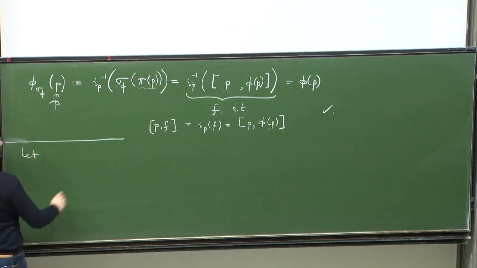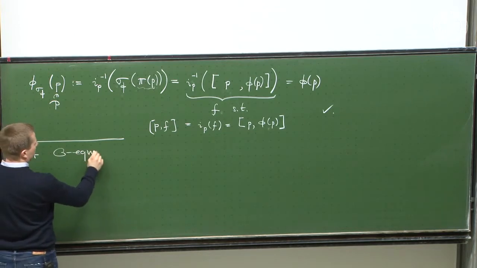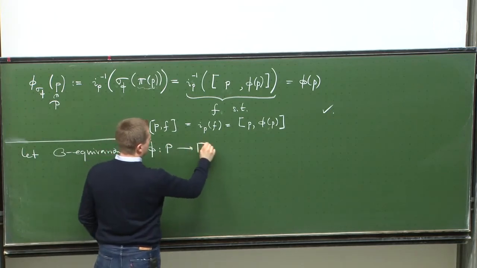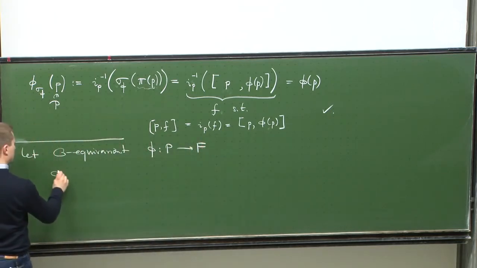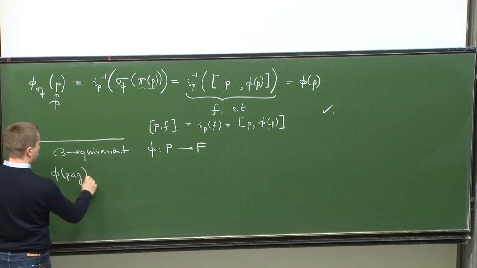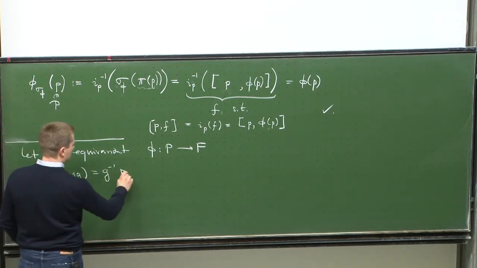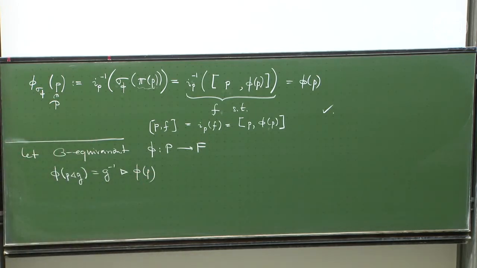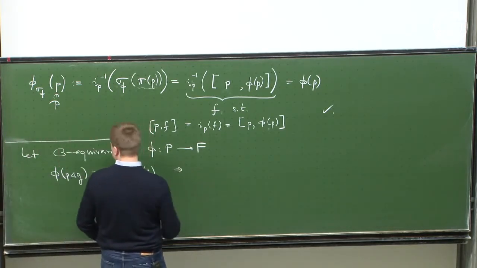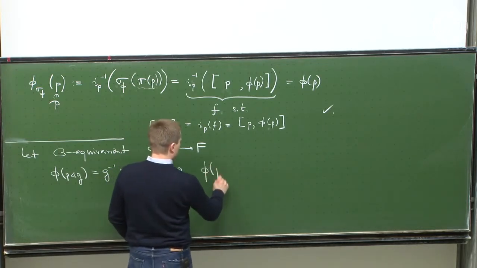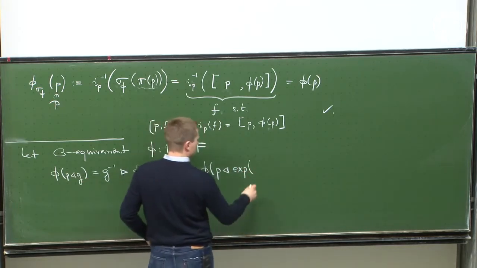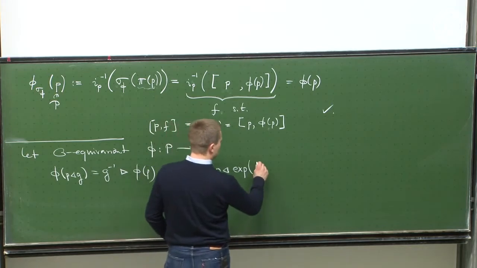Now let's look in particular at a G-equivariant function, because we know we have to deal with those. G-equivariance, as we had it before, is: P acted upon from the right by G gives G inverse acted upon from the left on the fiber, phi of P. And we'll now derive a simple implication of this, because we can look at the representation of a group element close to the identity.